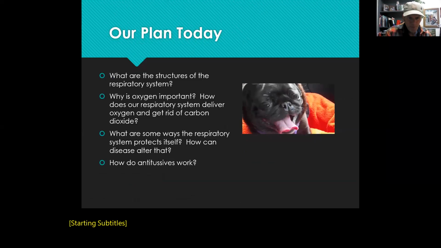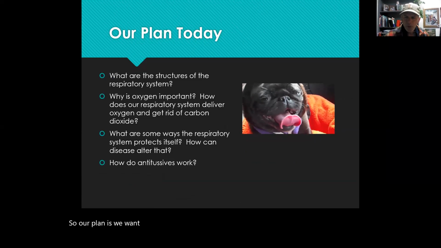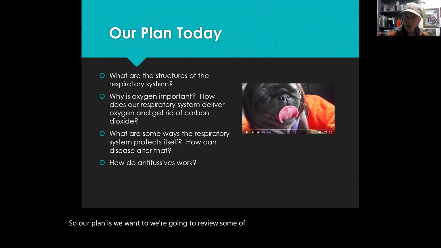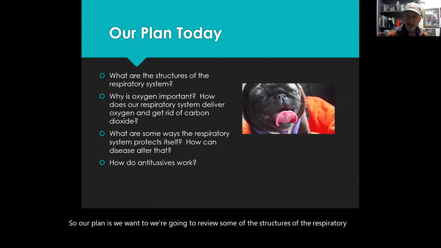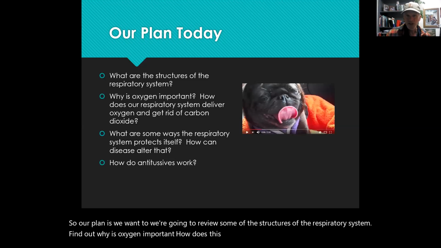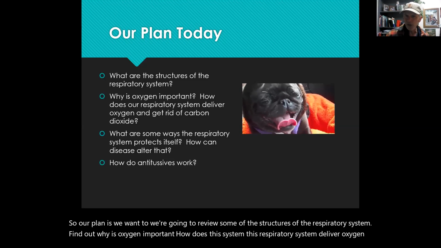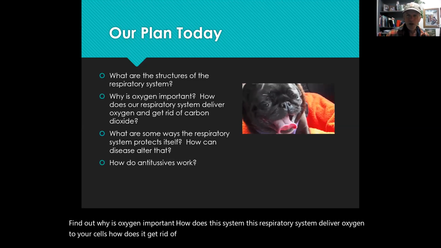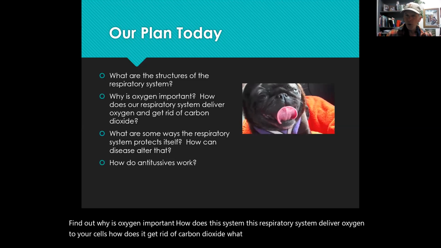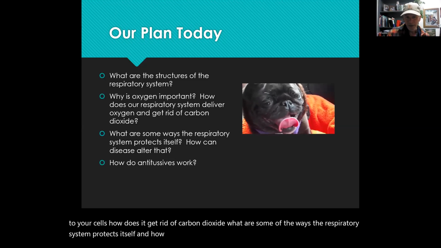So our plan is we're going to review some of the structures of the respiratory system, find out why is oxygen important, how does this respiratory system deliver oxygen to your cells? How does it get rid of carbon dioxide? What are some of the ways the respiratory system protects itself? And how can disease alter that?